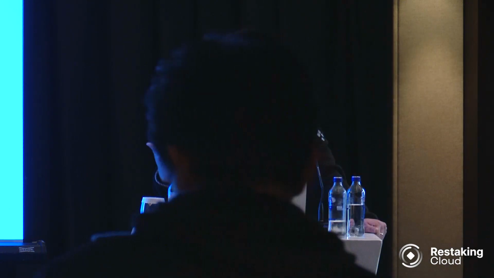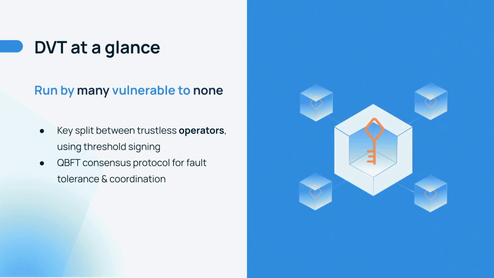What DVT does is allow you to run a validator key collaboratively across a number of different configurations of operators or machines. There's a QBFT consensus with inbuilt threshold signature that gives you the necessary fault tolerance, to make sure that even if one of the machines goes offline, the overall performance of your validator will not be affected.